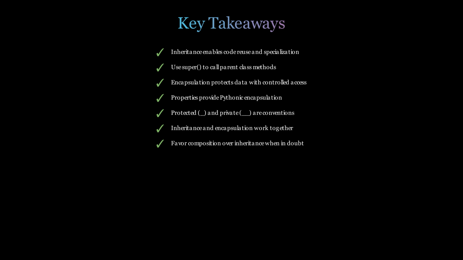Properties provide Pythonic, elegant encapsulation with attribute-like syntax. Protected and private attributes are naming conventions, not strict enforcement. Inheritance and encapsulation work together. Protected attributes let children access parent data while keeping it hidden from external code. When in doubt, favor composition over inheritance for more flexibility and less coupling.